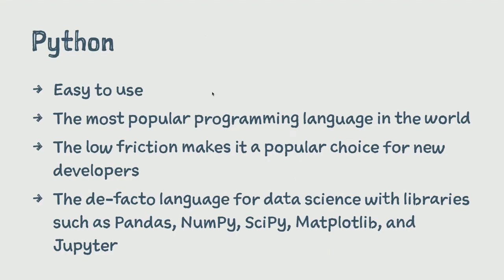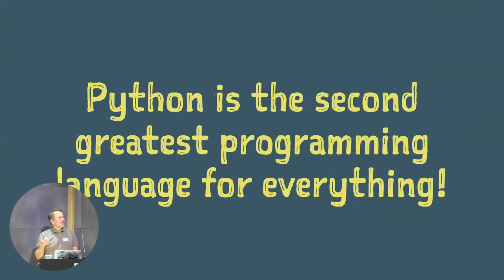It is the de facto language for data science, with all these popular libraries like Pandas, NumPy, SciPy. And what you will say is that Python is the second greatest programming language for everything. So whatever programming language you want to use, Python is your second choice.